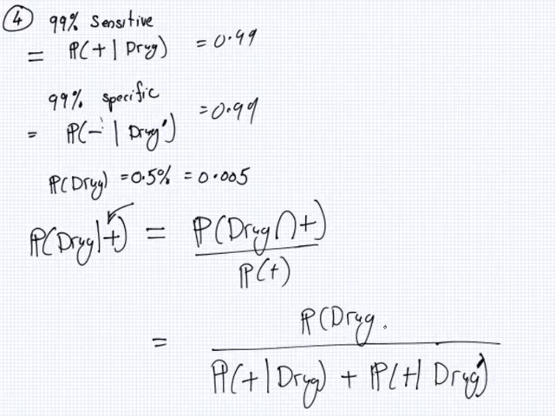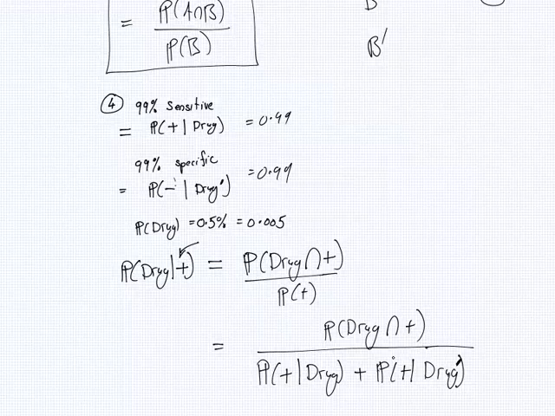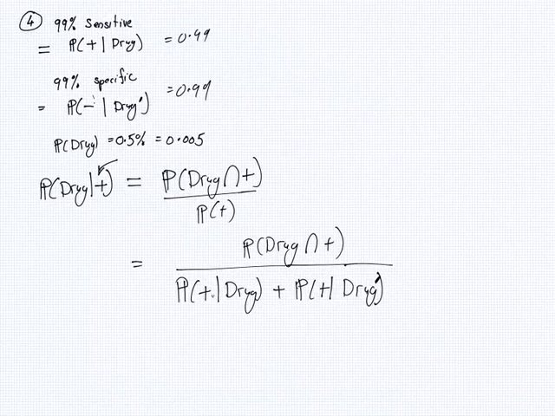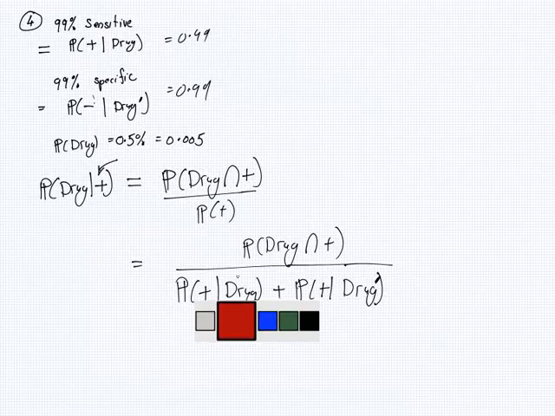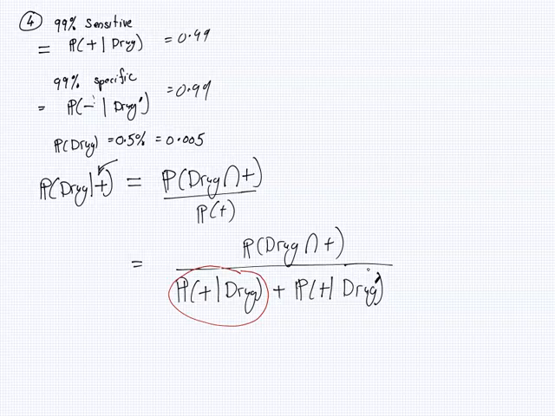Drug using and positive result. Okay. Right. If we look here, which numbers do we know? I think we know this one. Do we know this one? Yeah, it's 1 minus 0.99. So the denominator is 1. No, this is not 1 minus 0.99. 0.01.